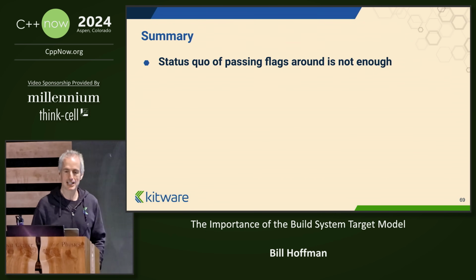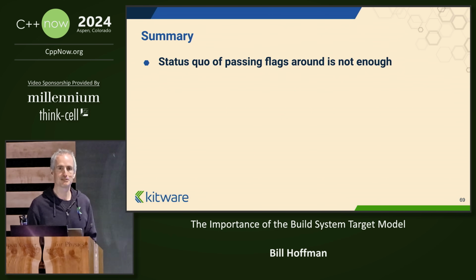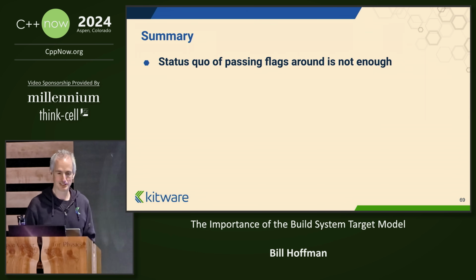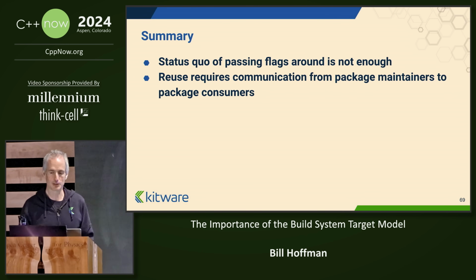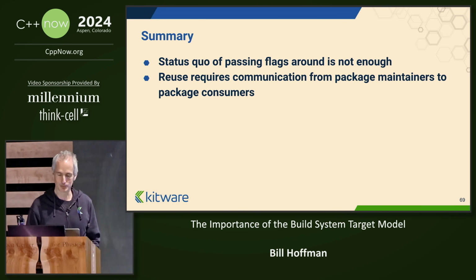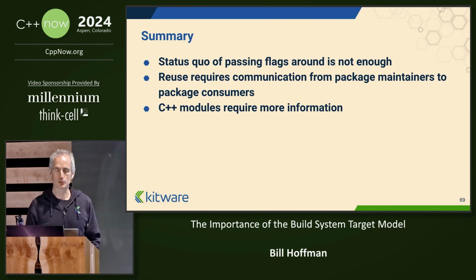So, summary: the status quo of passing flags around really isn't sufficient for building modern C++ with modules and huge dependency trees. Reuse requires communication from the package maintainers to the package consumers. C++ modules require more fine-grained information.